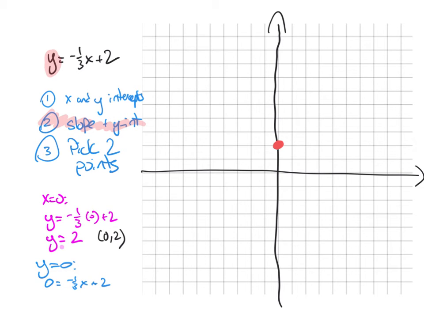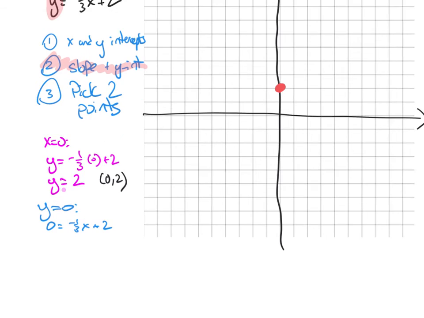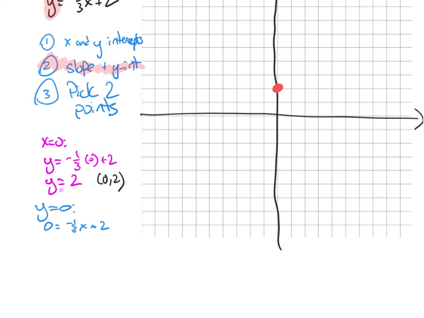To make this easier on ourselves, we're going to bring the minus 1/3 x over to the left side, because we want it to become positive. So when we bring it over to the left side, we get 1/3 x, and on the right side we still have that 2. So we have 1/3 of x equals 2.